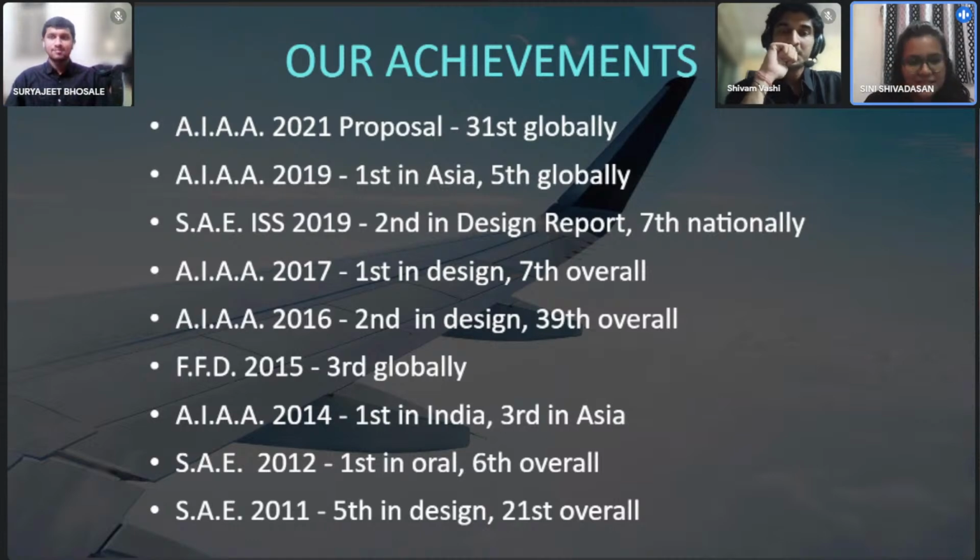Now SAE is again a competition, but it's a national competition. AIAA is an international competition, and SAE is a national competition. And we participate in SAE too. We send teams of the third years in AIAA, and second year students are sent for SAE competitions. I'll talk about it more in the next few slides.